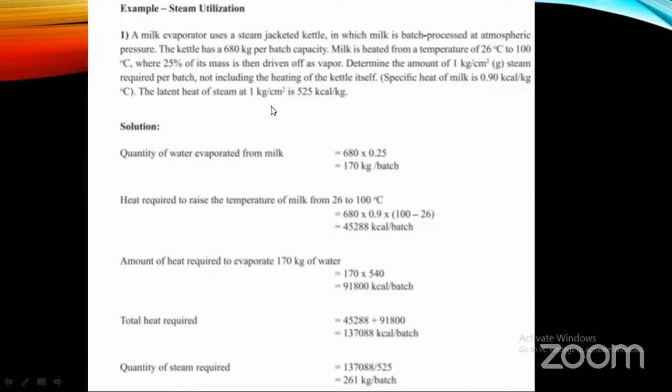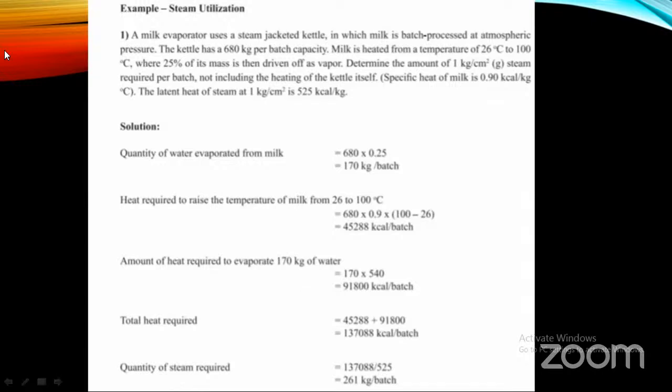In order to find out the steam required, we need to divide it by the latent heat, so that you get it in kilogram per batch. Quantity of steam required will be 261 kilogram per batch. So these type of problems are asked in our question paper also.